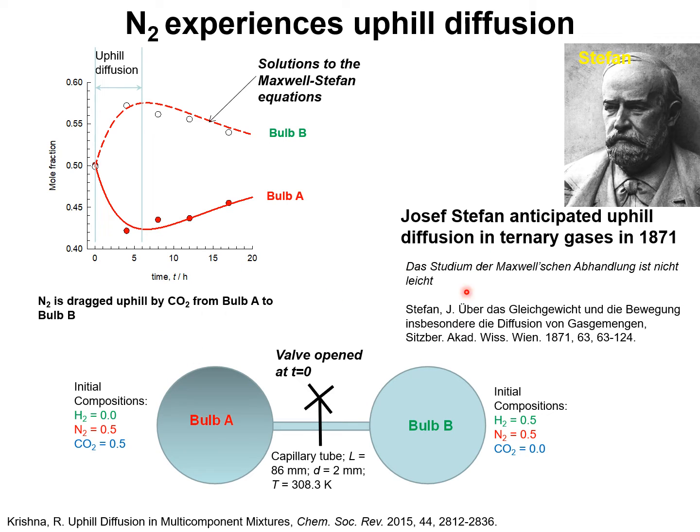Indeed, in this paper cited here, Joseph Stefan anticipated the occurrence of uphill diffusion in ternary gas mixtures using a formulation that is almost identical to the ones we use to solve and obtain these calculated profiles.